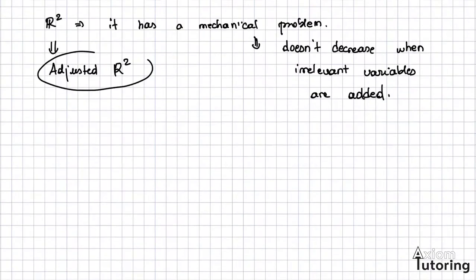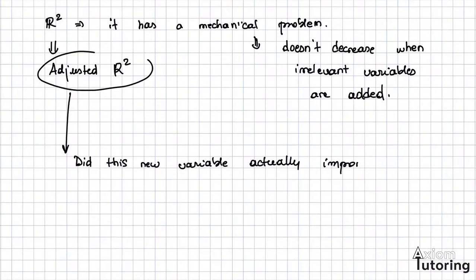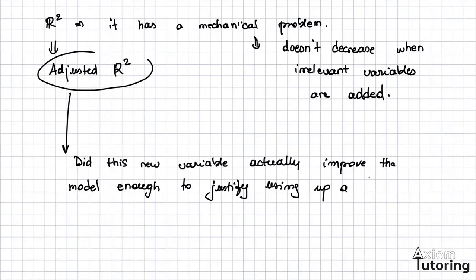So adjusted R squared is trying to answer a more difficult question, and that is: did this new variable actually improve the model enough to justify using up a degree of freedom?